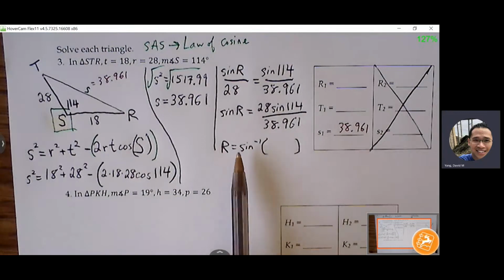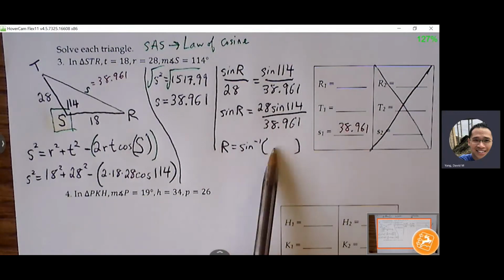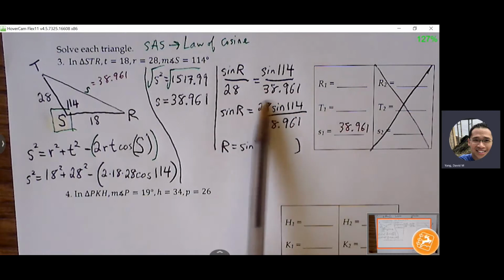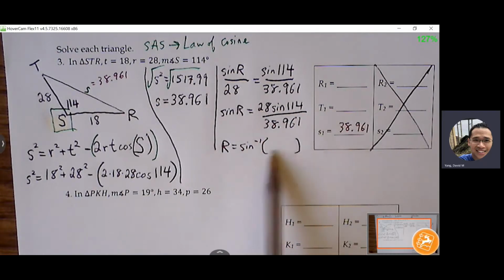If you want, you can enter all that mess in here and just enter it all in the calculator. Or if you want to split it up, get that decimal value first, and then do second sine, second answer, and then you can do it split into 2 steps. So it's up to you.